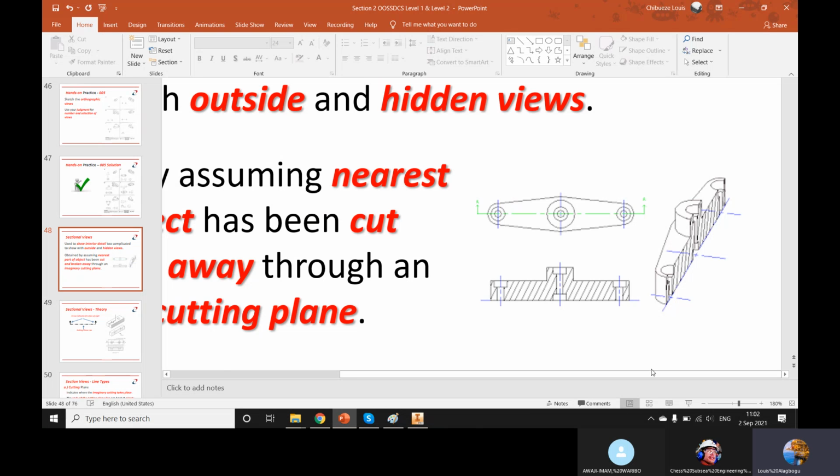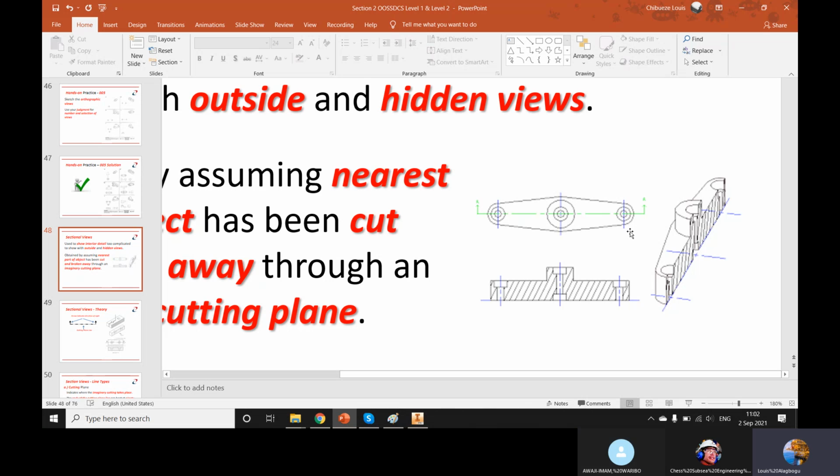One thing to note in this section view is that some parts are hashed, some parts are not. The parts that are hashed are the parts that, if you assume something like a knife slicing through the solid object, the cutting plane passes through. Exactly.